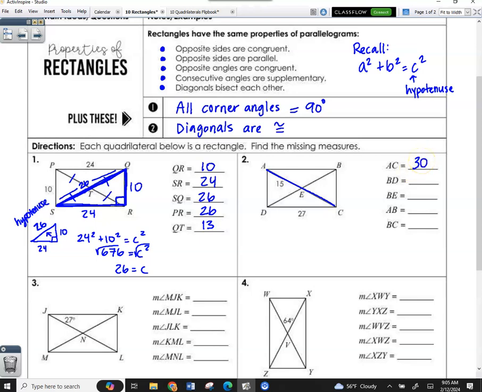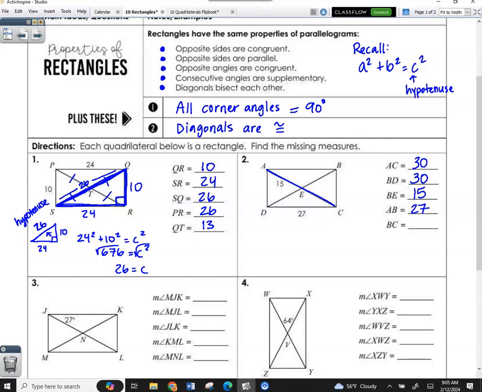Alright, what about B to D? That's the other diagonal in whole, so it's 30. What about BE? 15. What about AB? That took less than 1 minute to answer those questions all together.